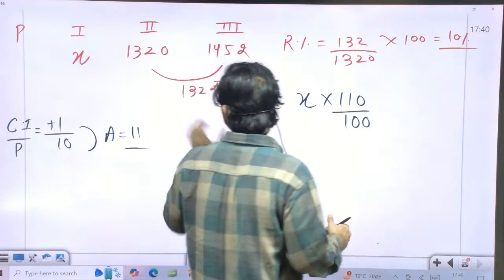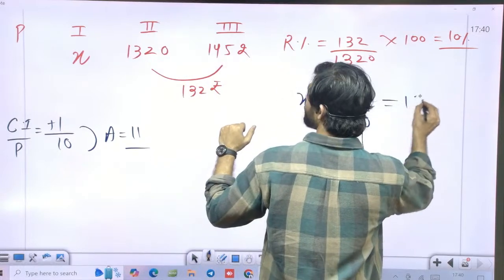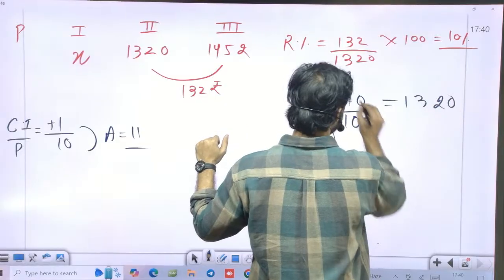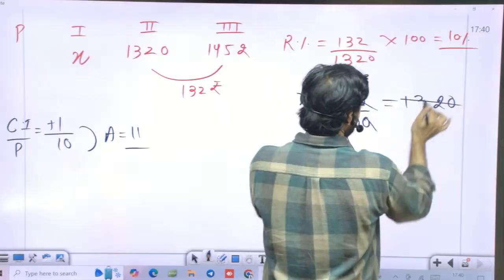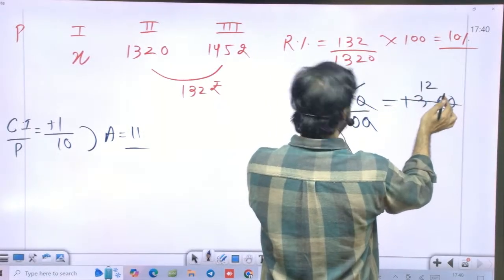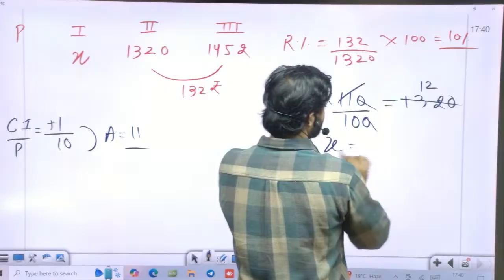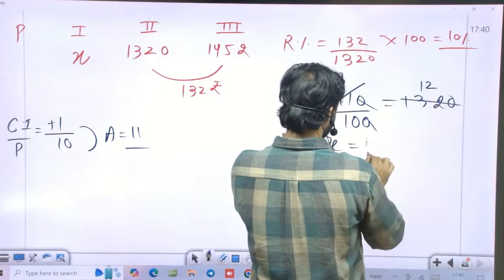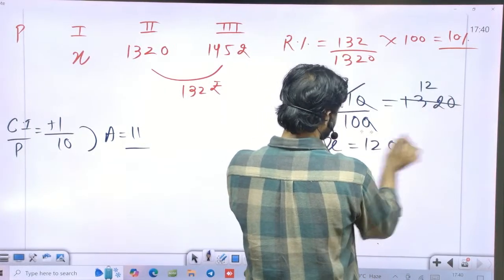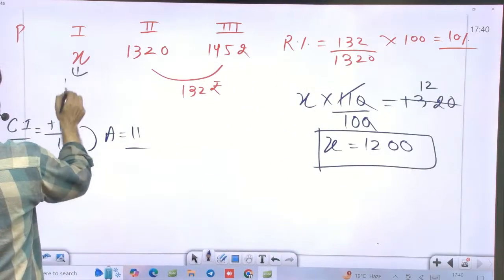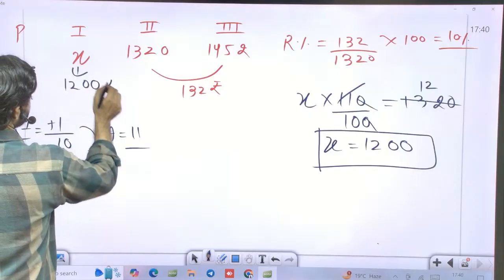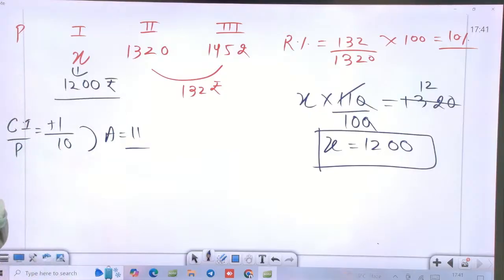So after increment the sum is 1320 rupees, which is the value of 11 units. So 1 2 and 1 0 is 1200. But this is not the answer. We have to find out the principal.